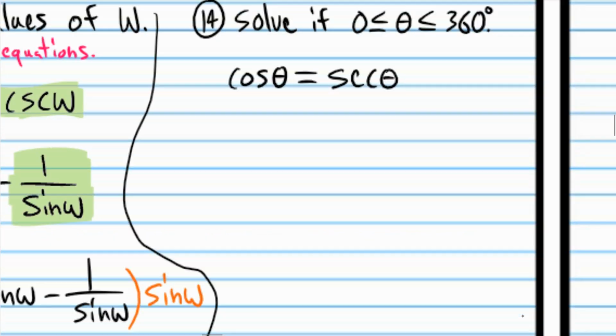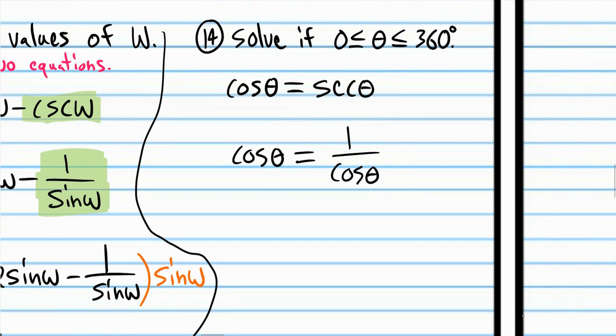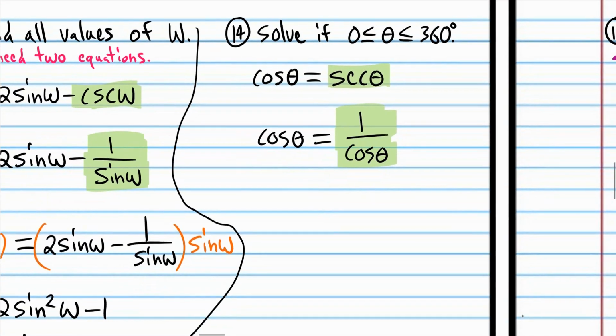Okay, we're back. So I'm going to change secant to 1 over cosine theta. And then I'm going to multiply both sides of the equation by cosine theta.